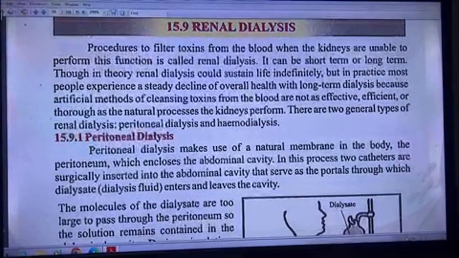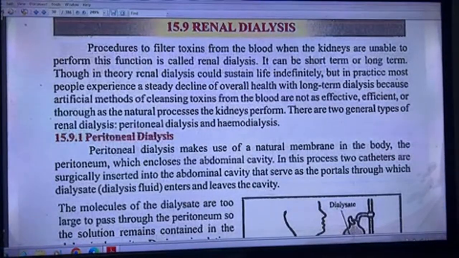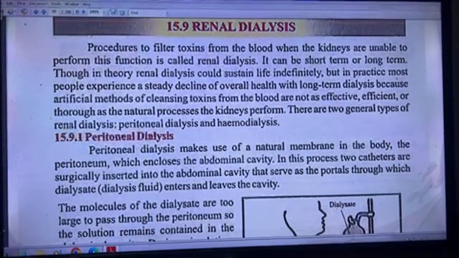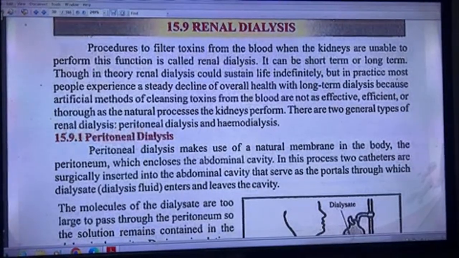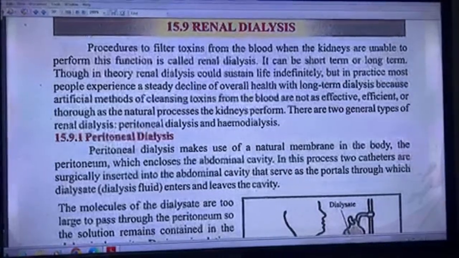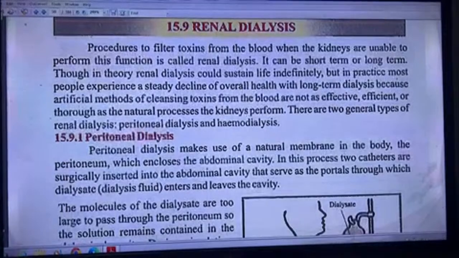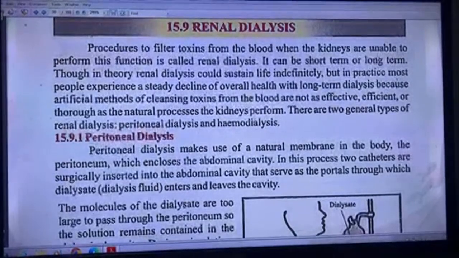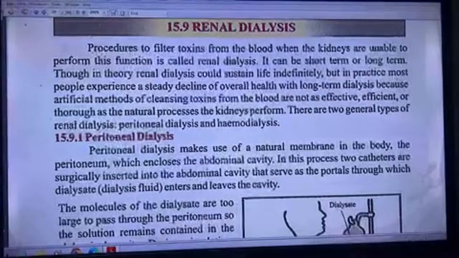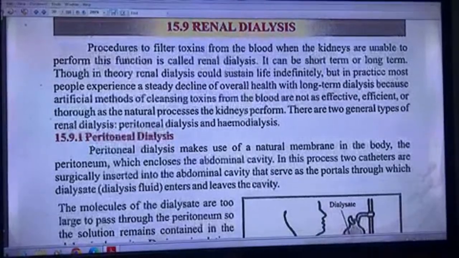Though in theory renal dialysis could sustain life indefinitely, in practice most people experience a steady decline of overall health with long-term dialysis, because artificial methods of cleansing toxins from the blood are not as effective, sufficient, or thorough as the natural processes the kidney performs. There are two general types of renal dialysis: peritoneal dialysis and hemodialysis.